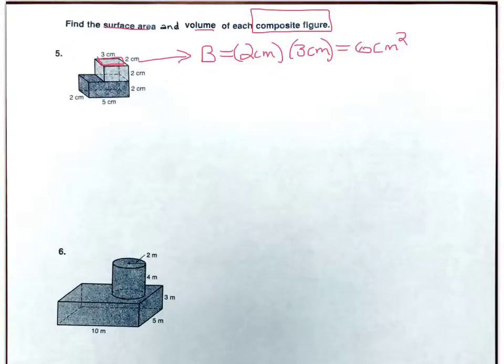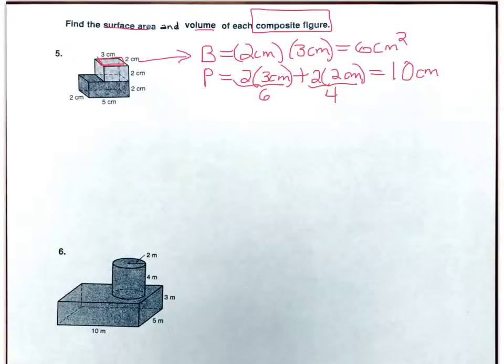Now, from that same figure, I need to find the perimeter. Perimeter is 2L, so it's 2 times 3, plus 2W, 2 times the 2. So 2 times 3 is 6, 2 times 2 is 4. When you add them up, that's 10 centimeters.